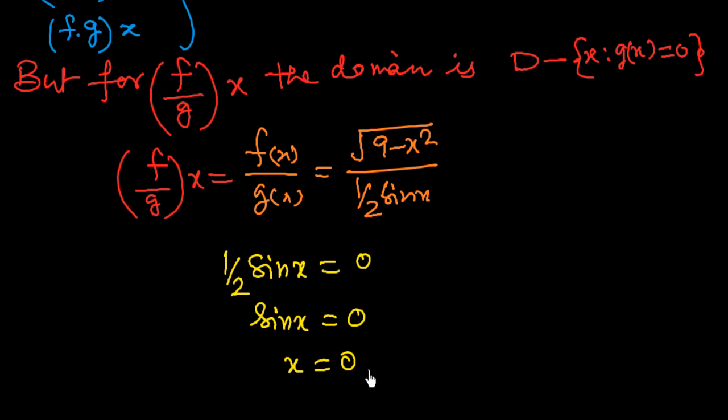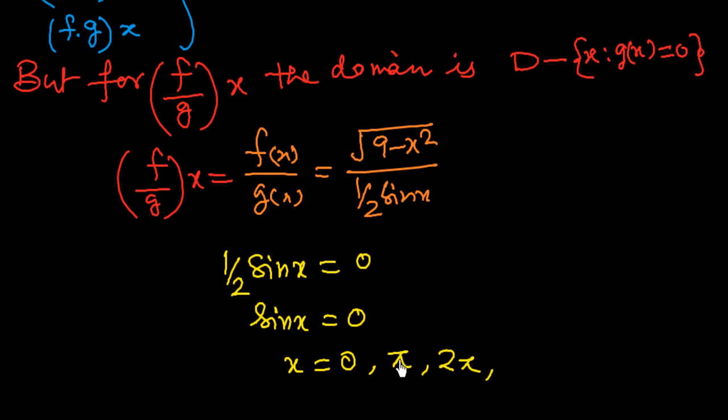And also x is equal to pi is 0, and x is equal to 2 pi is also 0.